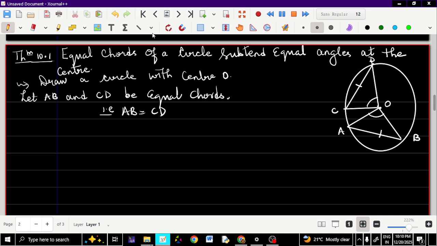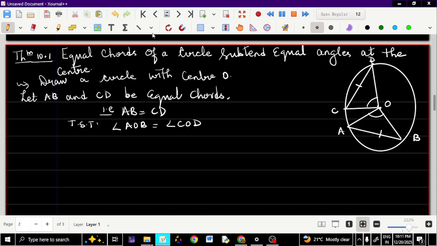Okay. So here what I'll have to do is I'll have to join AO, BO, CO and DO in this manner. So we have to show that angle AOB is the same as angle COD. Okay, so how we'll do this is using the concept from term 1, chapter triangles.